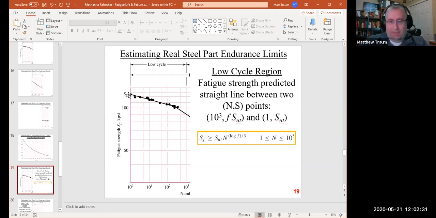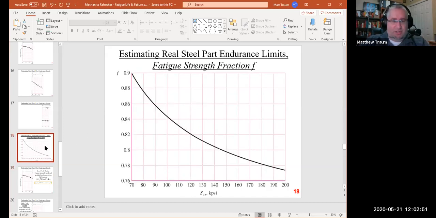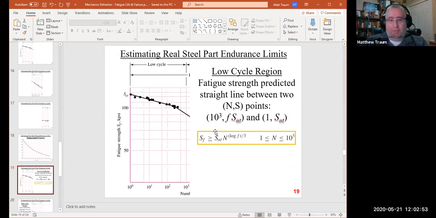So that's that point. And then the other point is, remember, the end of this low cycle regime happens at about 1000 cycles, so 10 to the 3rd cycles. And so the other point is an X value of 10 to the 3rd and a Y value of F, which we just determined before, multiplied by the ultimate strength of the material, right? So again, you only need this one value, ultimate tensile strength, and you can come up with everything else.